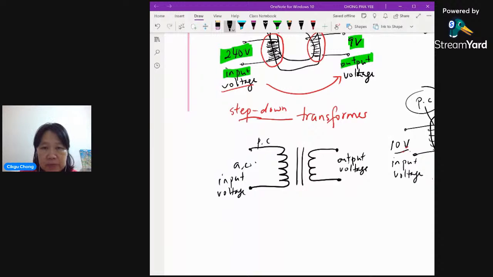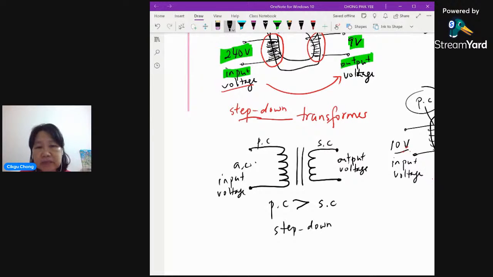If that side is the output voltage, it will be the secondary coil. The primary coil will have more coils than secondary coil. If this happens, this is a step down. From more coils on this side, then you have less coil. This is a step down transformer.